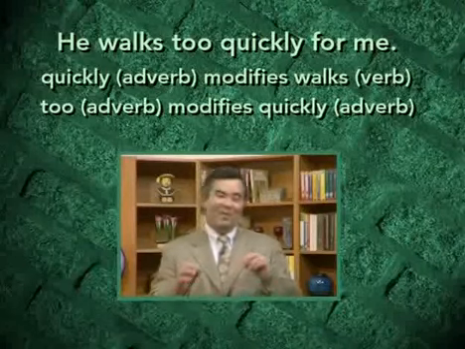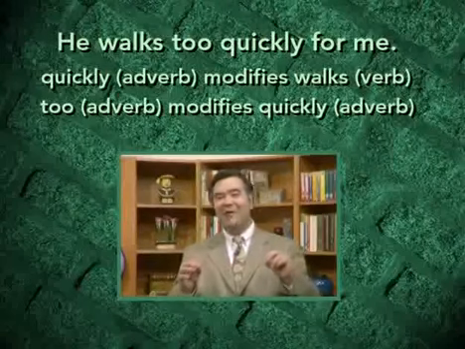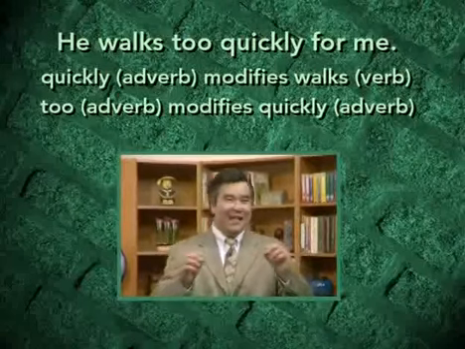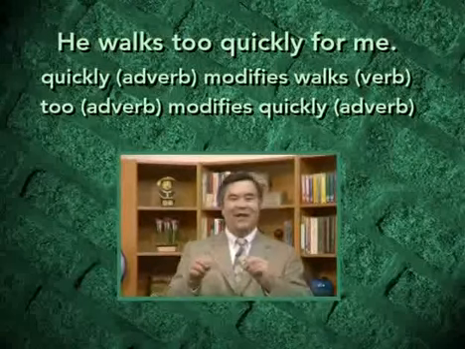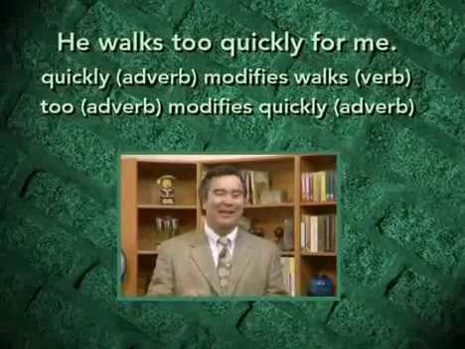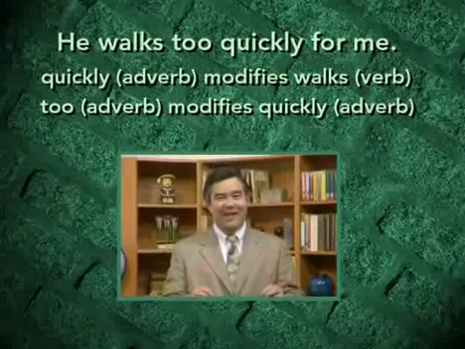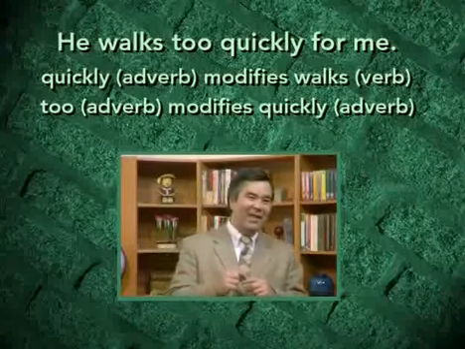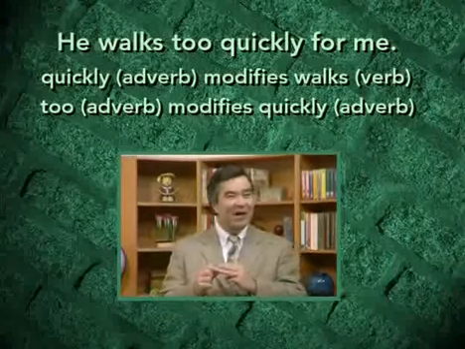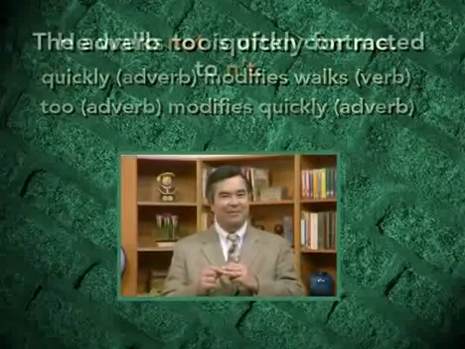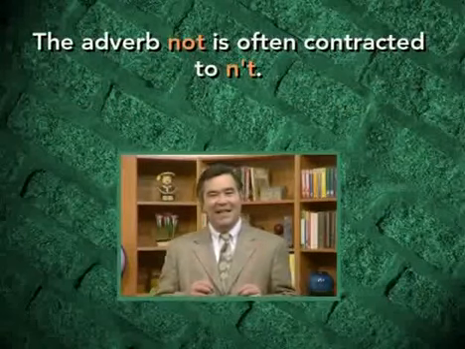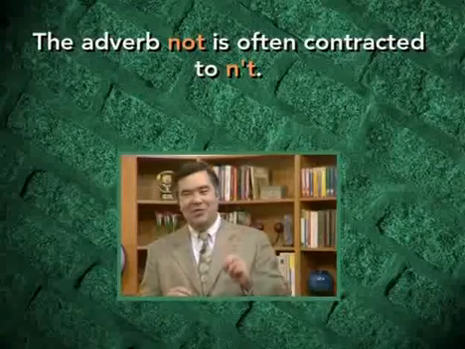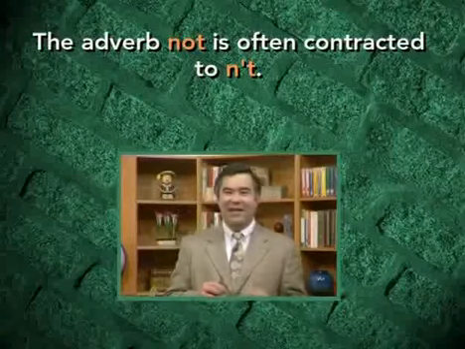"Quickly" is an adverb modifying the verb "walks." It tells us how he walks: quickly. The adverb "too" modifies the adverb "quickly." It tells us how quickly he walks: too quickly. So, as we've seen in these examples, an adverb can modify a verb, it can modify an adjective, or it can modify another adverb.